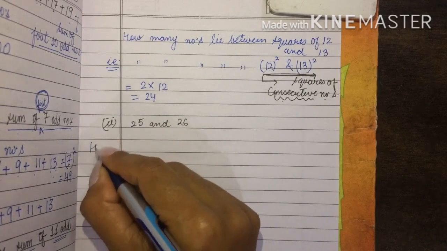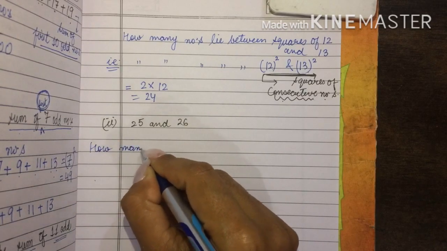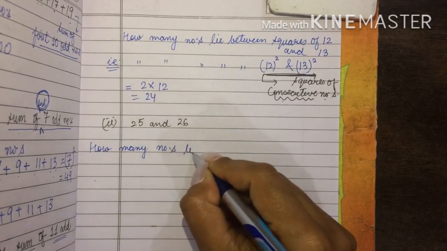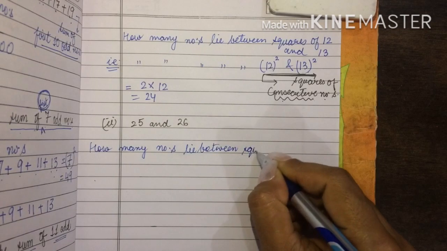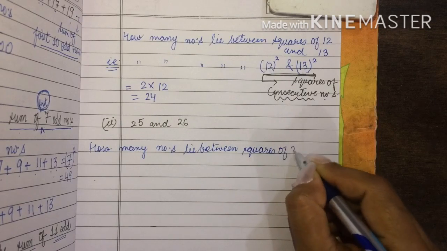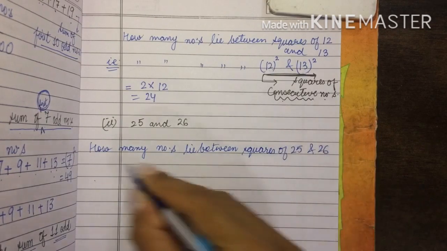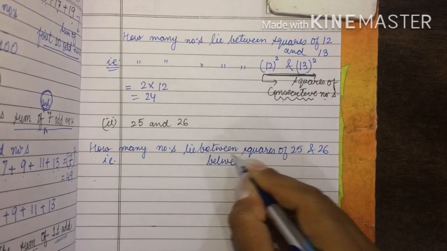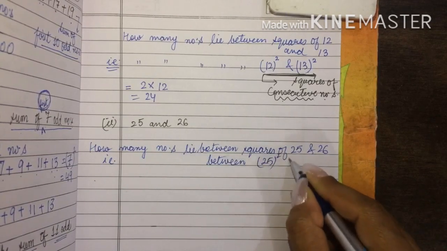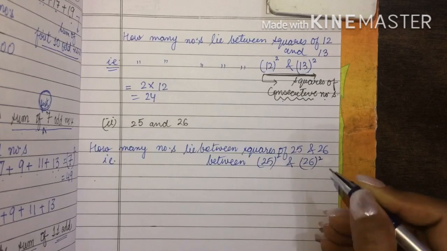The next part is 25 and 26. So you have to find out how many numbers lie between the squares of these two, that is, between 25 square and 26 square.